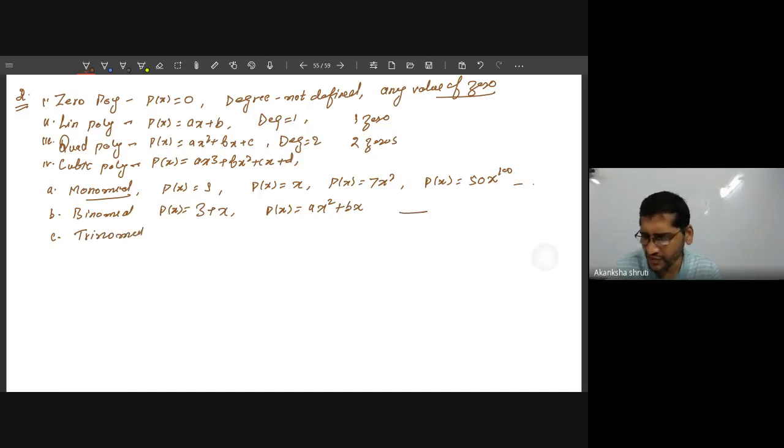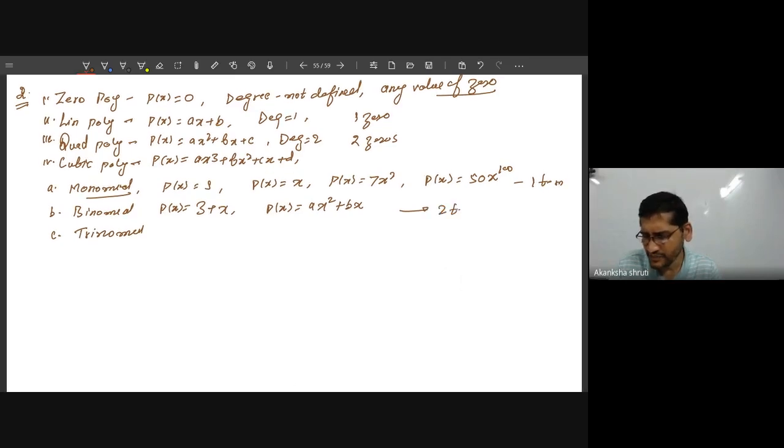So you can write any polynomial with three terms. Say 3x to the power 4 plus 5x plus 7, though it is of degree 4, it is a trinomial, so three terms. So this thing we have learned.